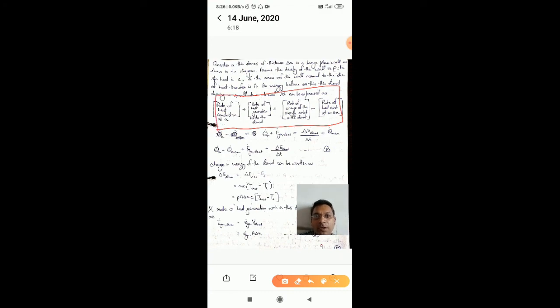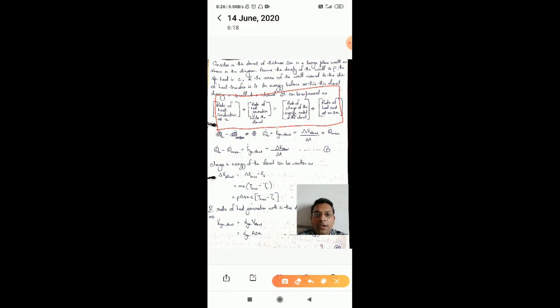You must know how to write these equations very well, and I think you must be familiar with this, because these things are taught in your first-level and second-level courses in thermodynamics.